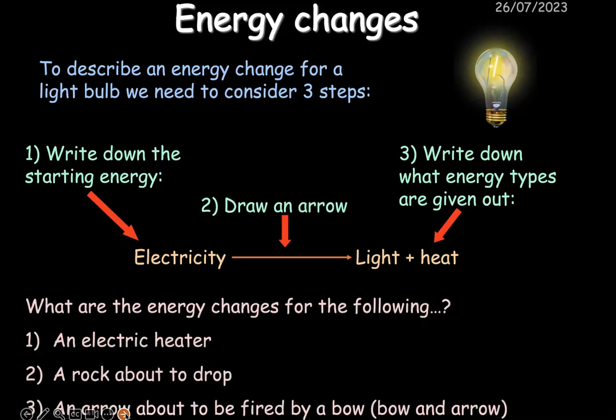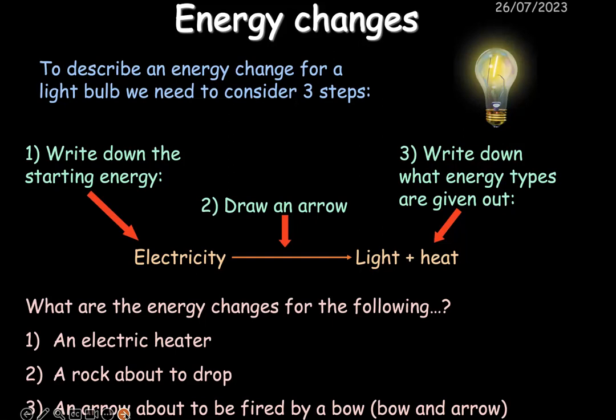Okay, you can then give students time to see if they can draw a similar energy transfer for the examples given, which is an electric heater, a rock about to drop. So in fact a falling rock would be how I would explain it to them, and then an arrow about to be fired by a bow.